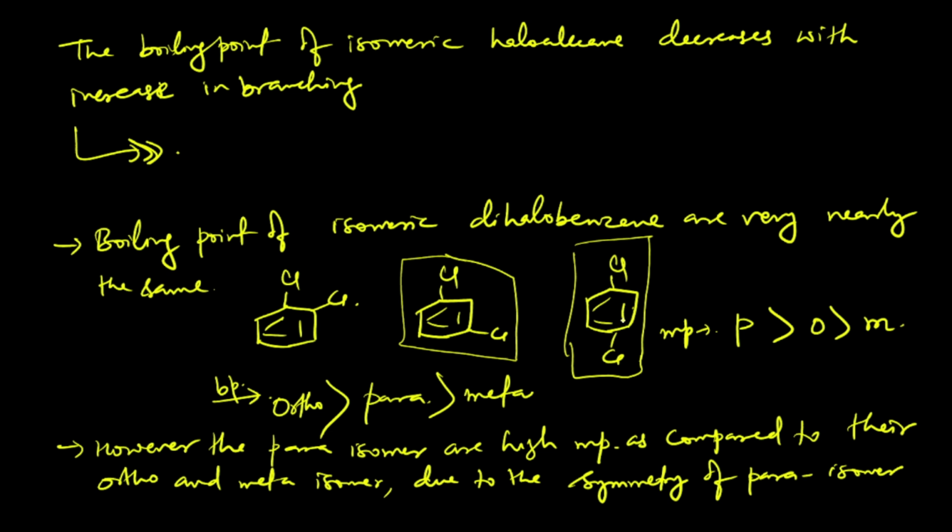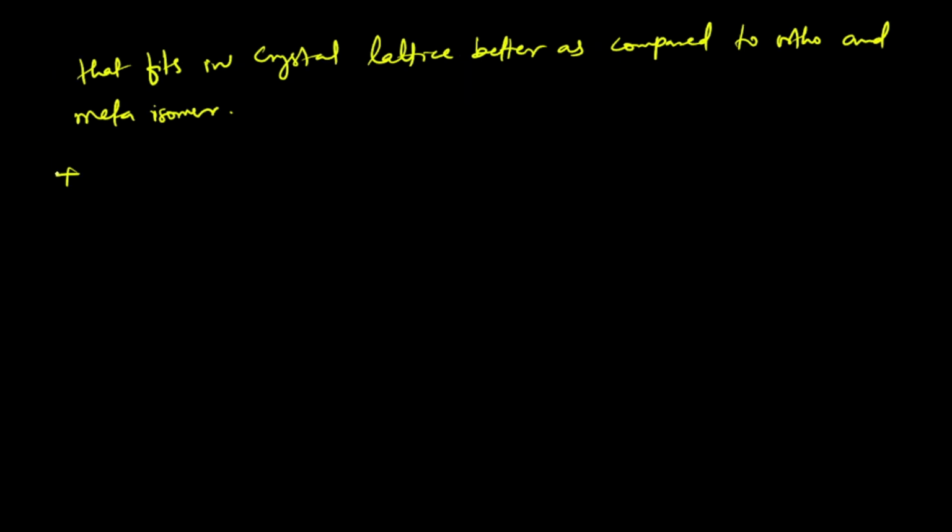The next concept is your density. How will density work over here? That we'll see. It also depends on your boiling point. Bromo, iodo, and polychloro derivatives of hydrocarbons are heavier than water.